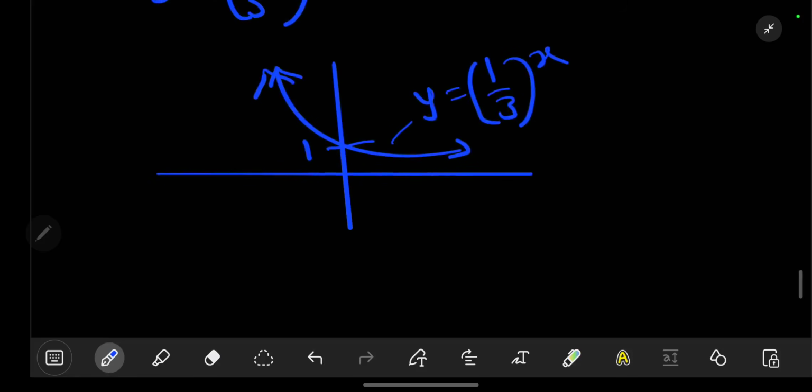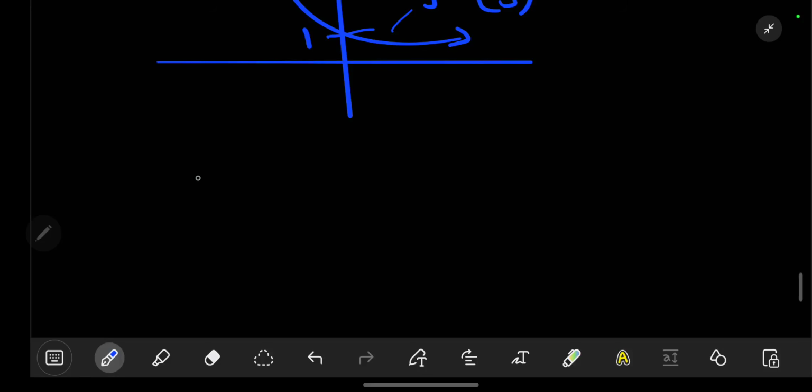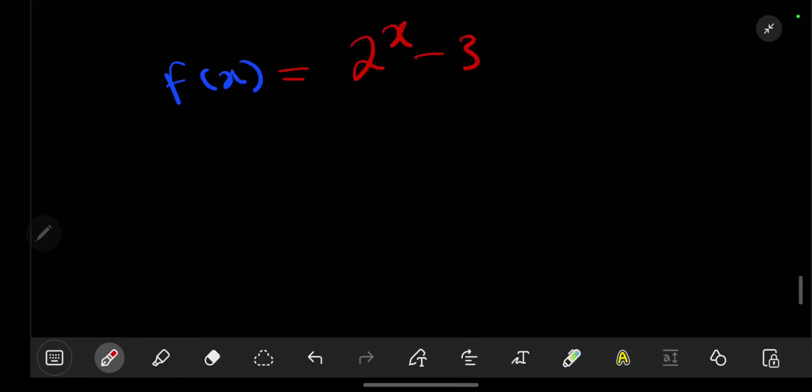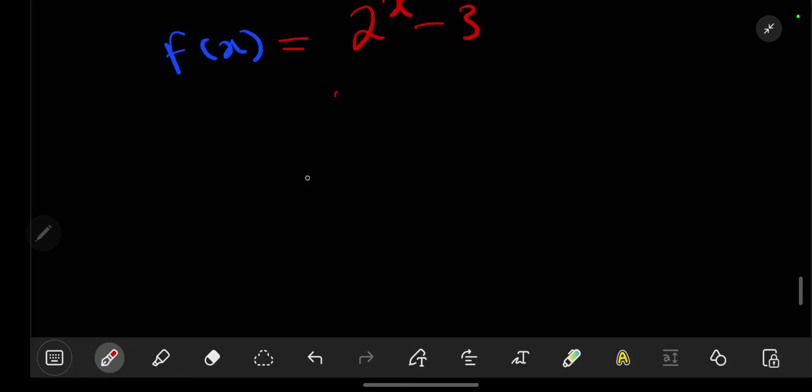With that said, let's graph a very simple one. Let's say you have your f of x is equal to 2 to the power of x minus 3. So if you have this problem, how do you handle it? We are going to graph by translations.